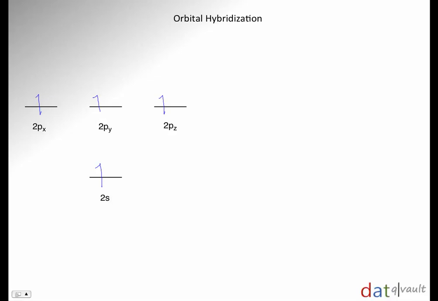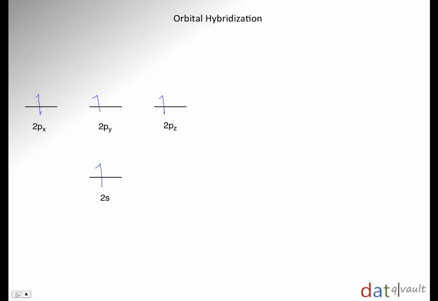But this still doesn't tell us one other important thing about the bonding in methane, which is that each bond angle is 109.5 degrees, which means that methane has a tetrahedral shape.